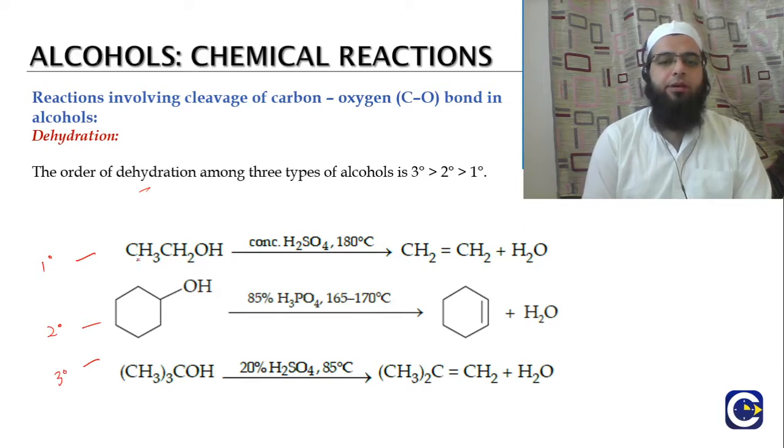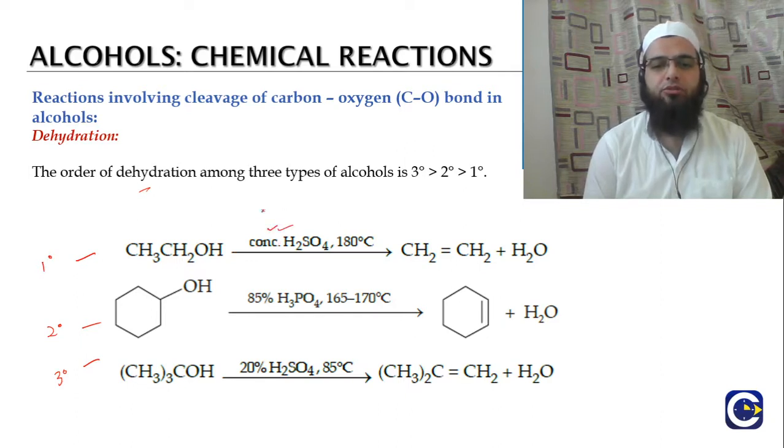For the dehydration of the primary alcohol, we are using concentrated H2SO4. That means we have not added any water in the acid. The acid is not diluted, and we have a very high temperature, 180 degrees Celsius, and the reaction is completed with the formation of alkene.